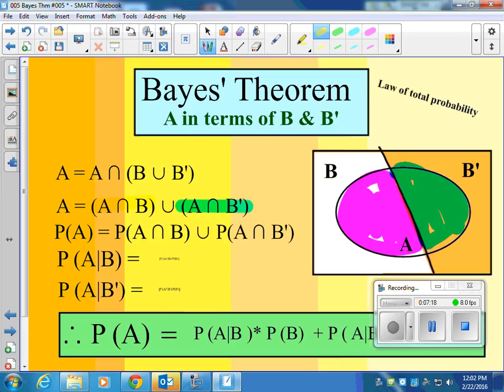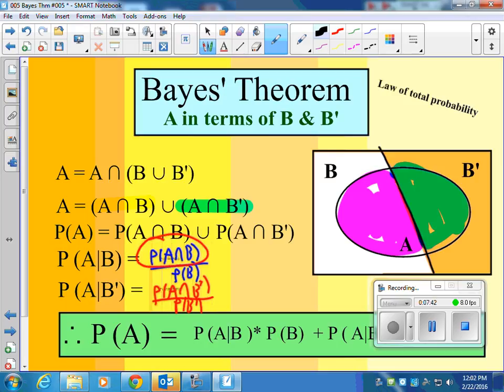Now, the probability of A knowing B is the probability of A intersect B, which we just said, over the probability of B. And likewise, the probability of A knowing not B is the probability of the intersection of A intersect not B over probability of not B. Okay? If you do a little cross multiplying, you can solve for these two.